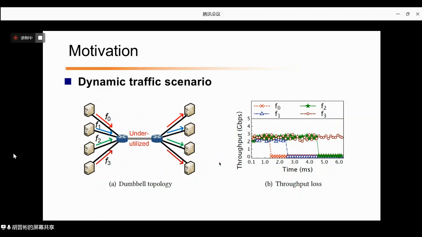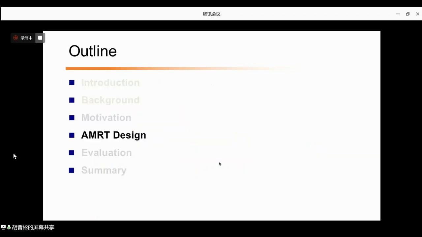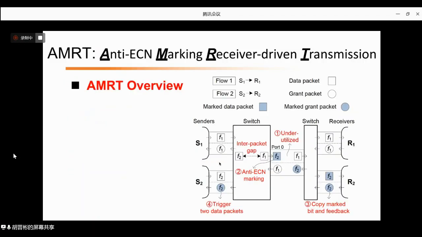Now, let's proceed to the detailed design of AMRT. This figure shows the overview of AMRT. There are 4 key steps. Firstly, the switches measure the inter-packet time between two consecutive data packets. When the inter-packet gap is large enough to transmit a packet, the switches mark the ECN bit in the packet header.